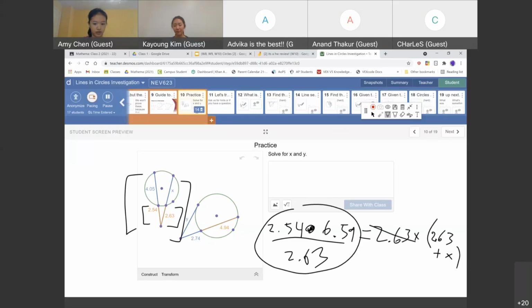That gives us 6.36 equals 2.63 plus x. Now subtract 2.63 from both sides, and that gives you x equals around 3.73. So you see, this first one had a lot more steps algebraically than this second one.